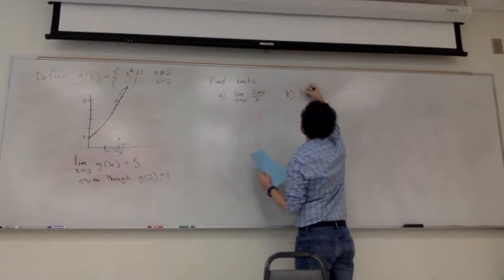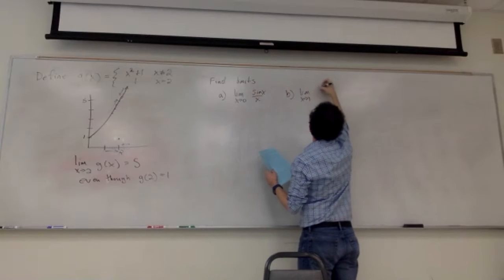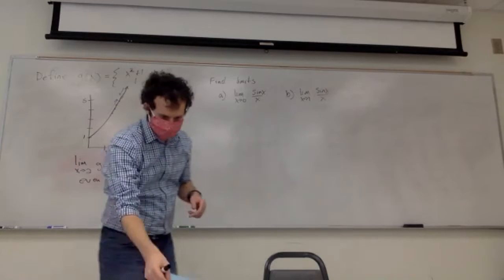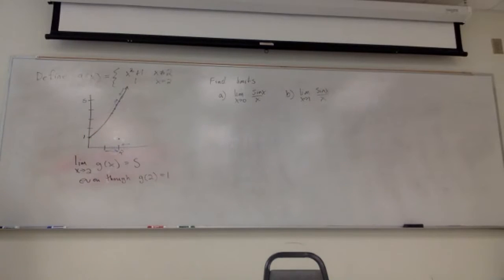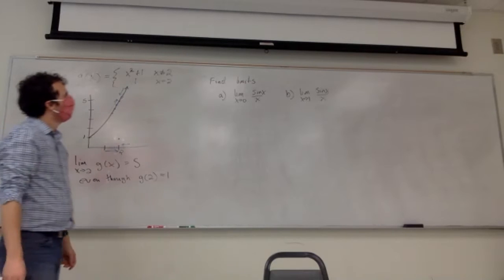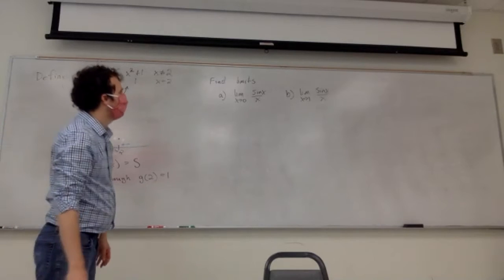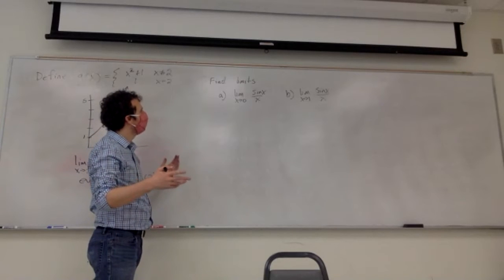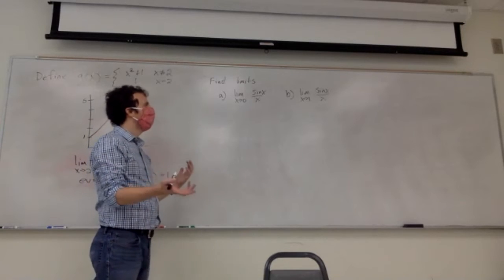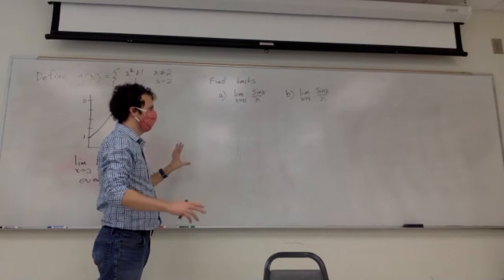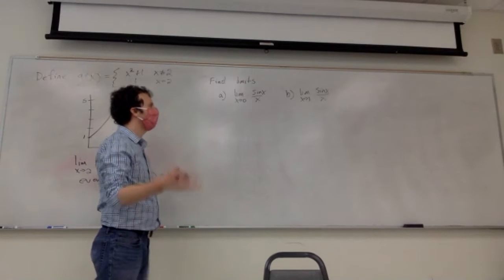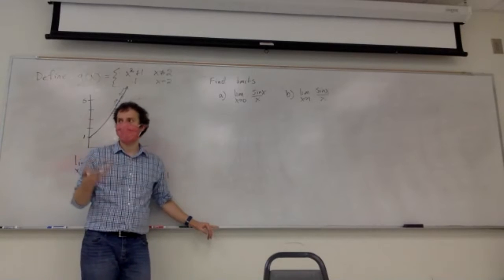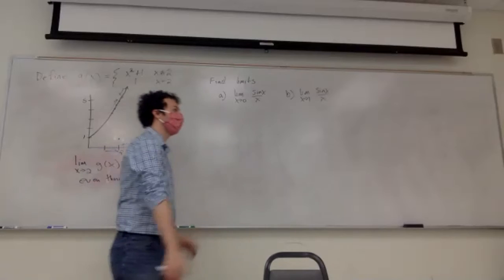And B is the limit as x goes to 1 of sine x over x. And these two actually have different things going on, which suggests that with questions about limits, there can be some strange things going on, and it takes some real effort to understand.